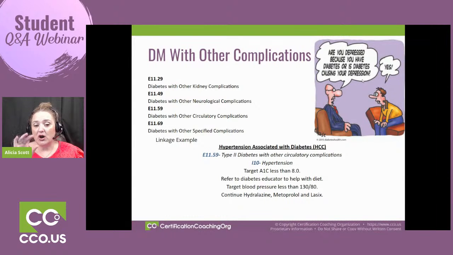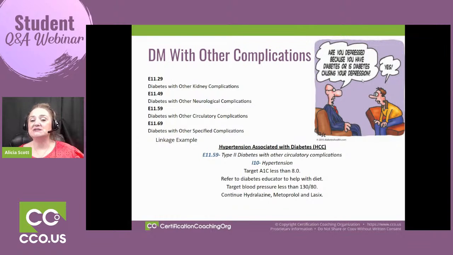But note, all of these end in a 9, and they are for other complications. When we use the term other, that means there is a definition, we have specificity, the provider has documented it. However, we don't have a code for it at this time. So we use the term other.